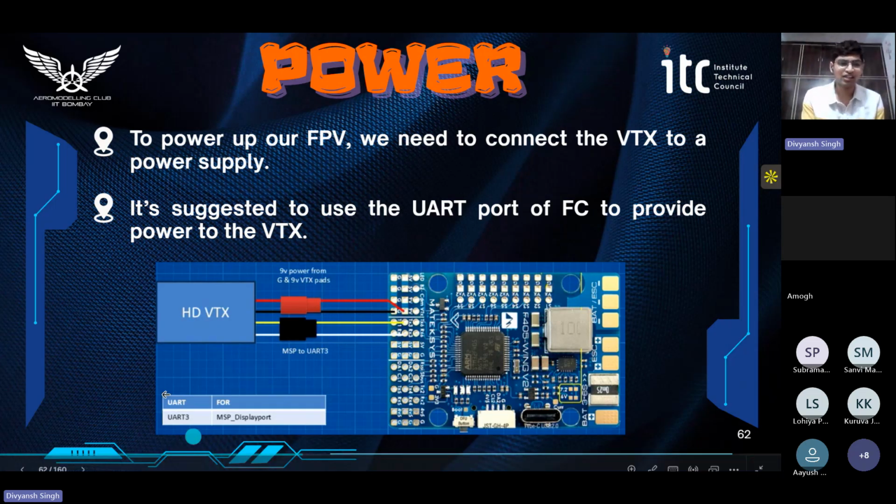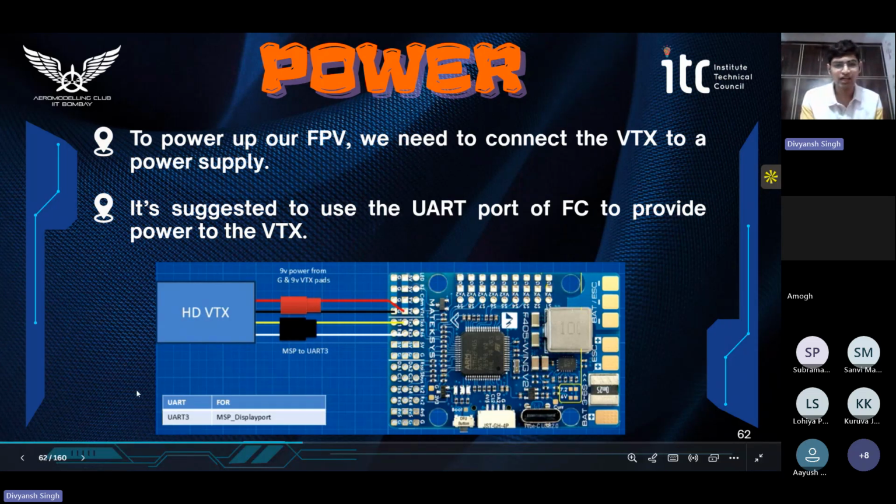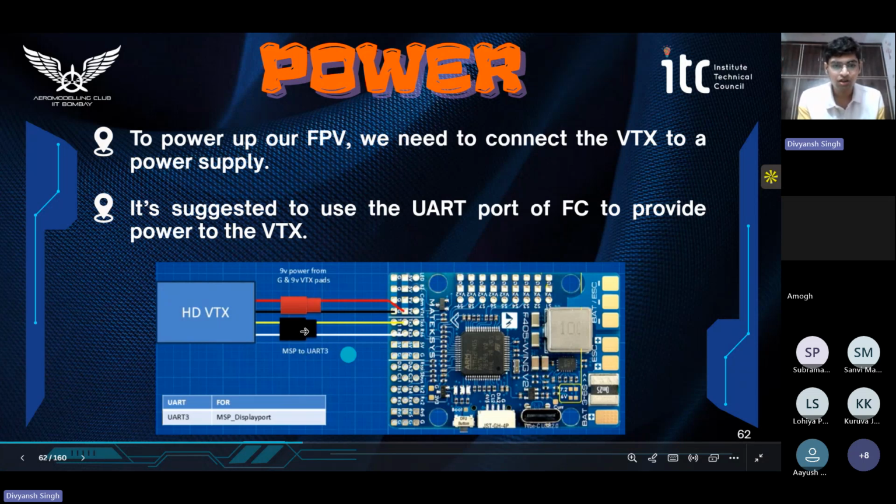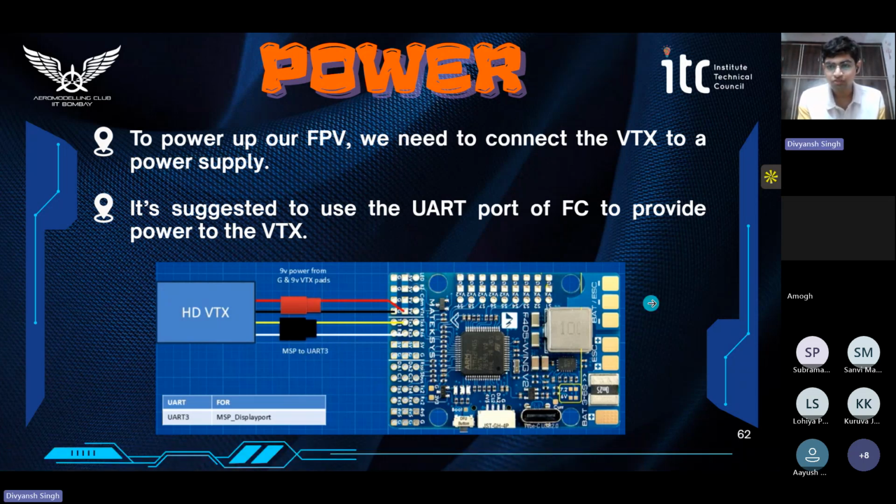One advantage is that it is a very reliable source of fixed voltage. Also, the FPV's video transmitter communicates the data to your flight controller or to the ground station, and the MSP protocol is used here.